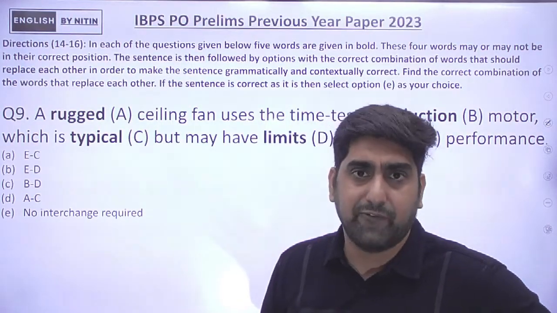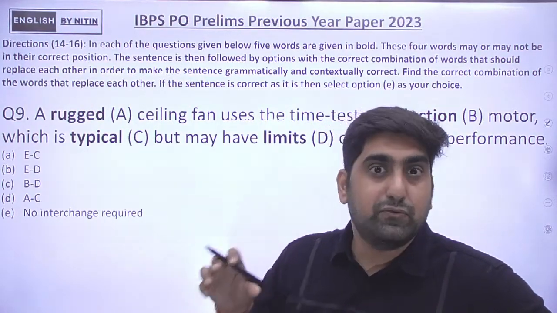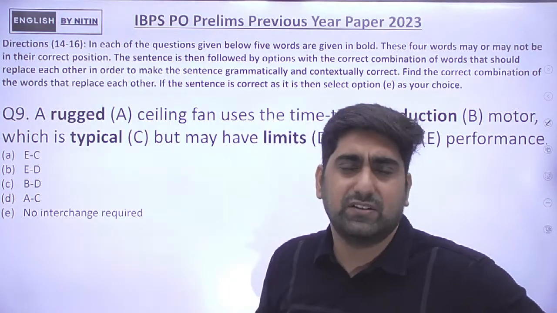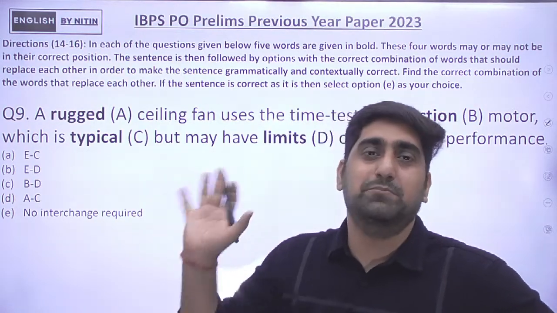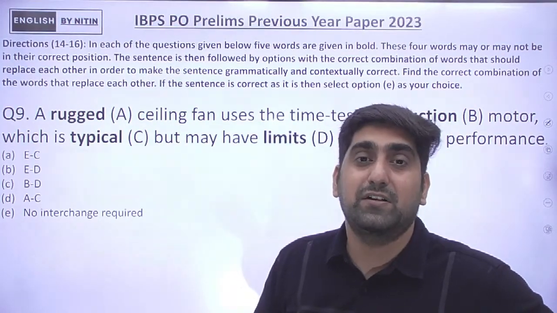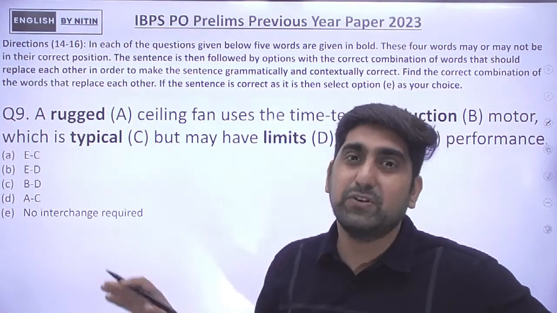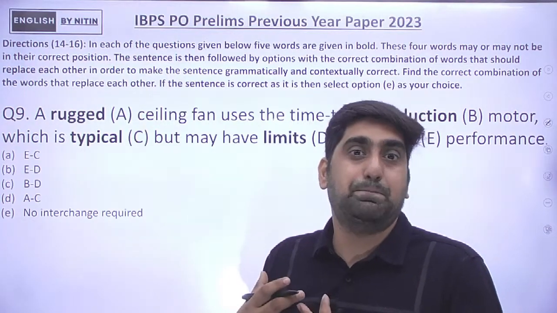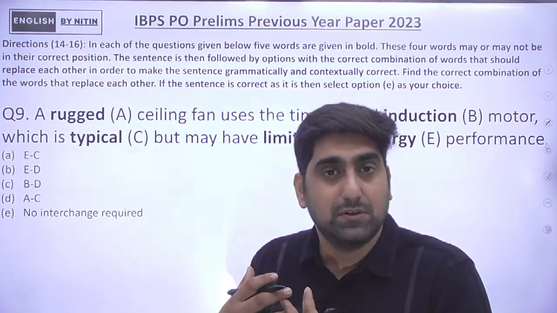Just the words or parts of the sentence have been jumbled, and you need to identify the right arrangement of the words so that the sentence is contextually perfect.